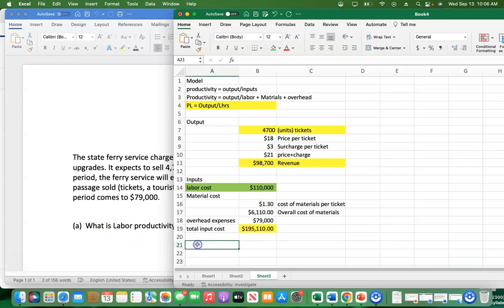So let me write here labor productivity, and so we will put equal sign, click on 4,700 divide by the labor cost, and in this case we'll get this much. And here we have units per dollar spent on labor.